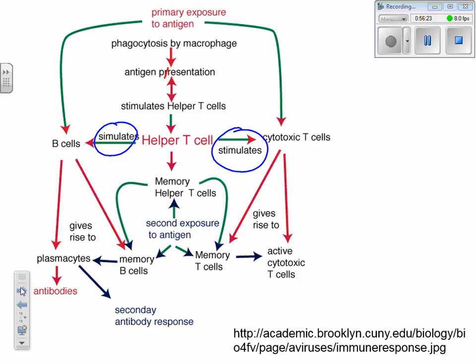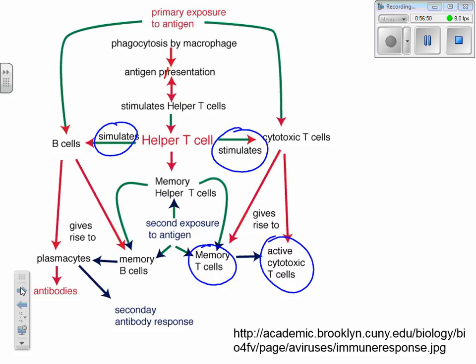Although we are getting to that point anyway, the helper cells actually increase the response. So let's go over to the T cells because we started with those. They produce active cytotoxic cells. Those are the ones that are really going to go around clearing up. But of course, they will also produce memory cells.